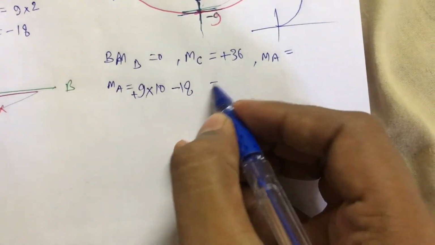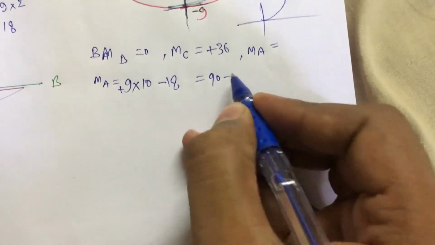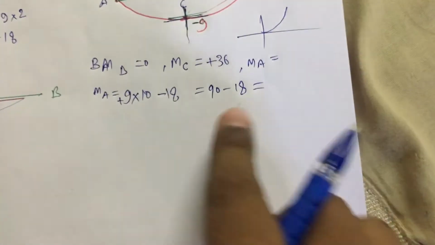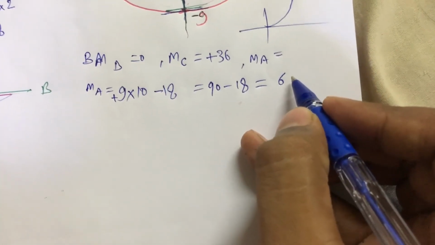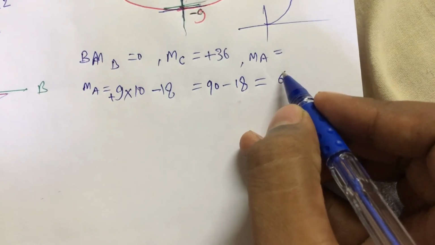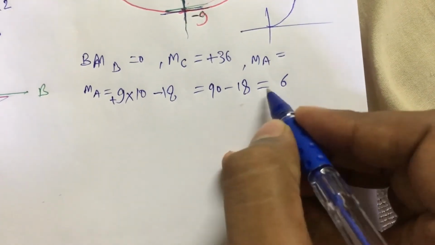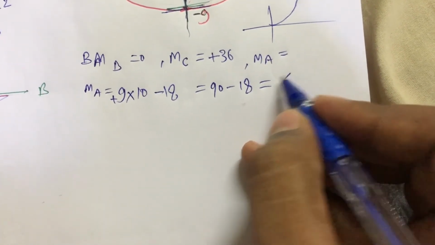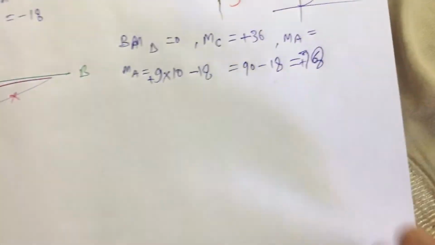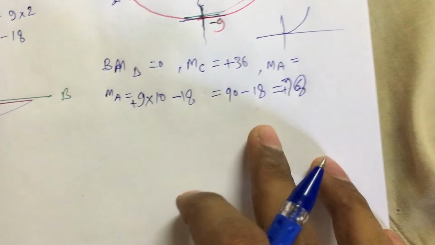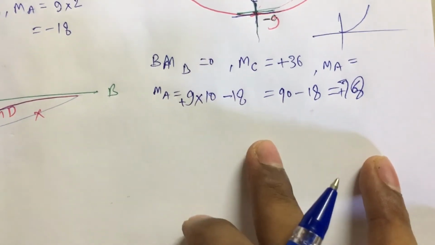So if I solve this, 90 minus 18, how much will it come? 78. Oh my god. 78 is positive. Now, doing without a calculator is a big deal for me now.